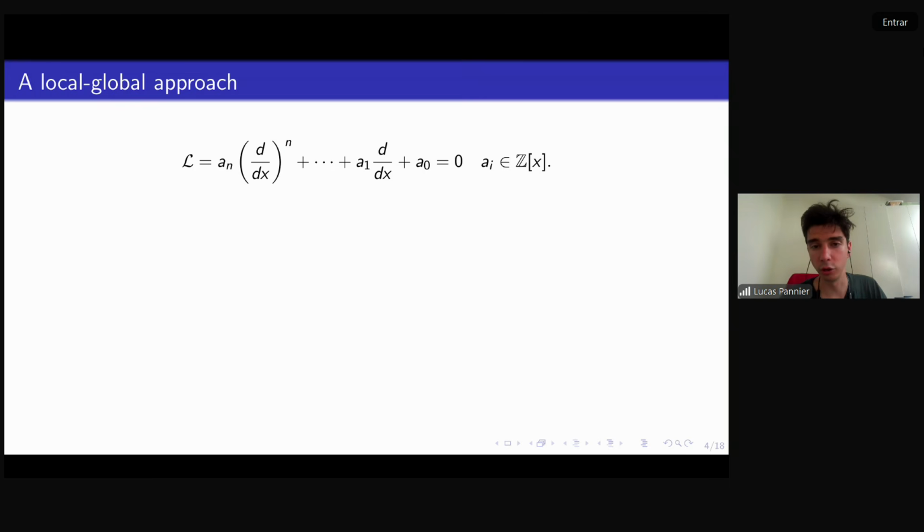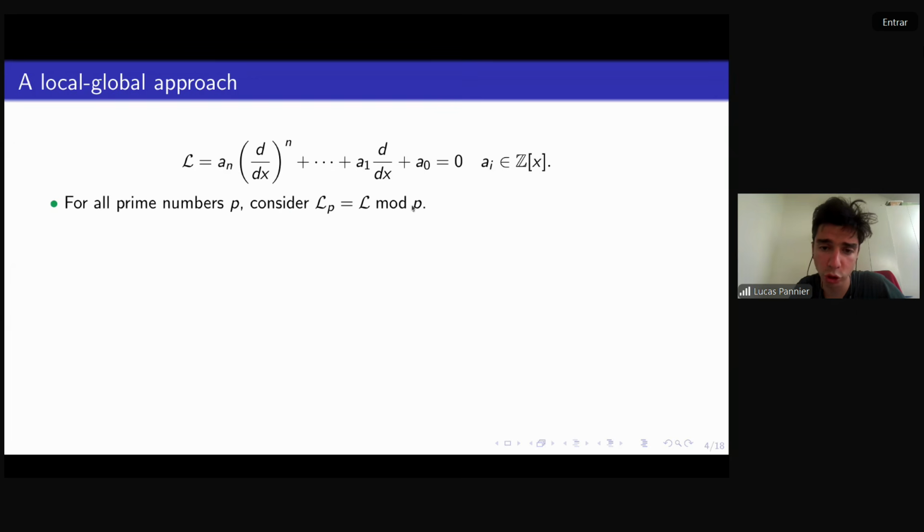So let us consider an nth order linear differential operator, and we want to reduce it modulo p. That's what we will do by considering the reduction modulo p of all polynomial coefficients of the differential operator. We will call this new differential operator L_p, with coefficients in F_p(x).